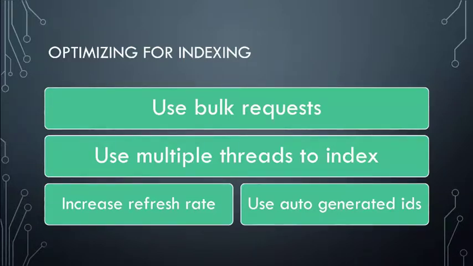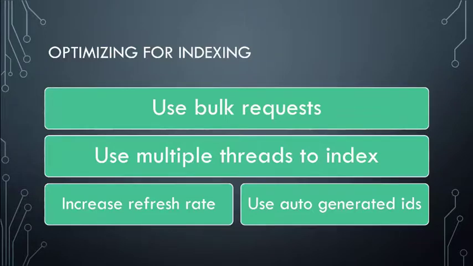This is better in terms of overhead than doing single document requests, and it will make a lot of difference when indexing several hundred or thousands or even hundreds of thousands of files at the same time.